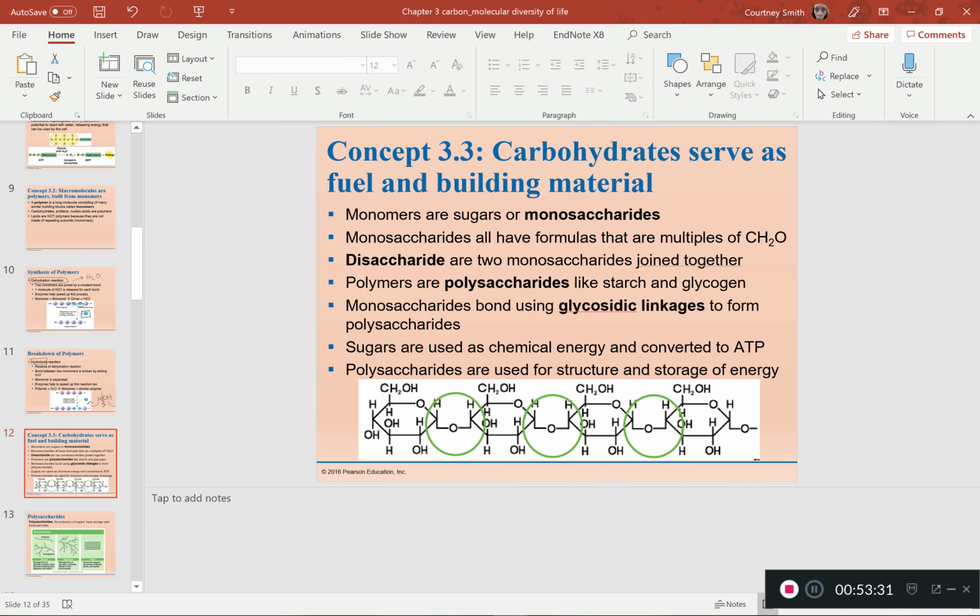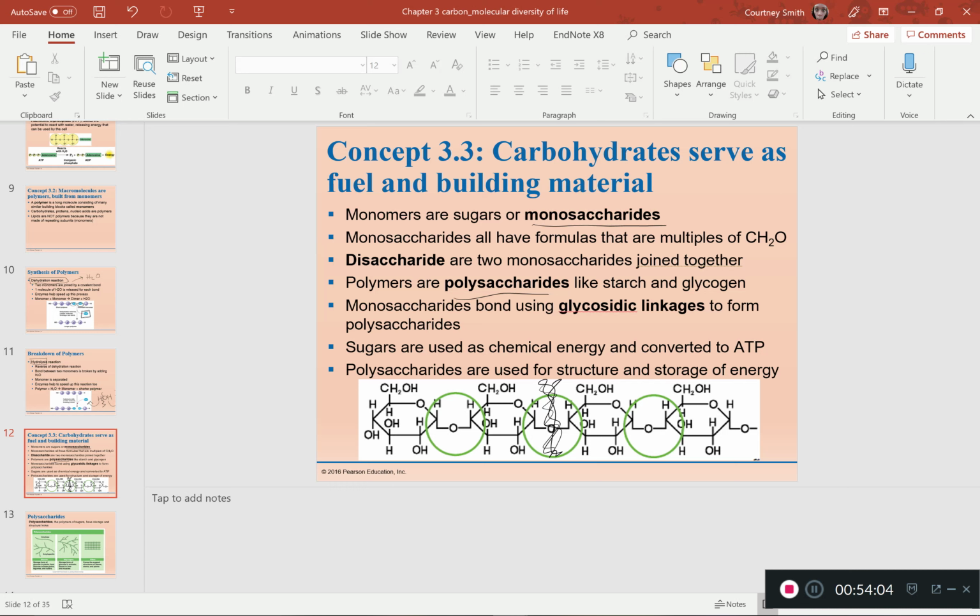So carbs, the monomer of a carb is a monosaccharide. And then the polymer of it is a polysaccharide, so multiple sugar links like it shows inside at the bottom. That's a polysaccharide because it's more than one. A disaccharide is just 2, so if this picture just cut off right here, these are disaccharides now.